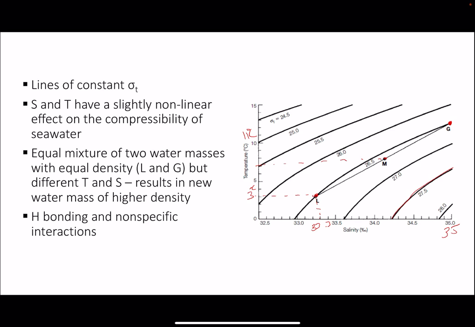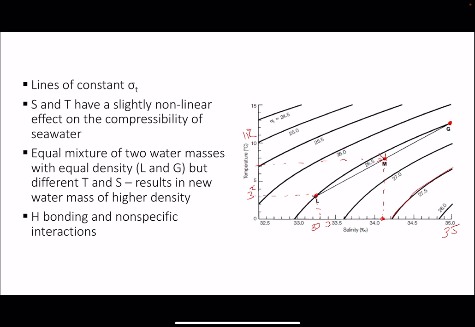And the salinity would be an average of 33.3 and 35, which it looks like it is, roughly 34.1. That's because temperature and salinity mix conservatively. They mix linearly. But as you can see here, a water mass with an average temperature of 7 and a salinity of 34.1 does not have the same density as the water it was formed from. It actually has a higher density. It's moved away here. So let's say it's got a density of 26.6.